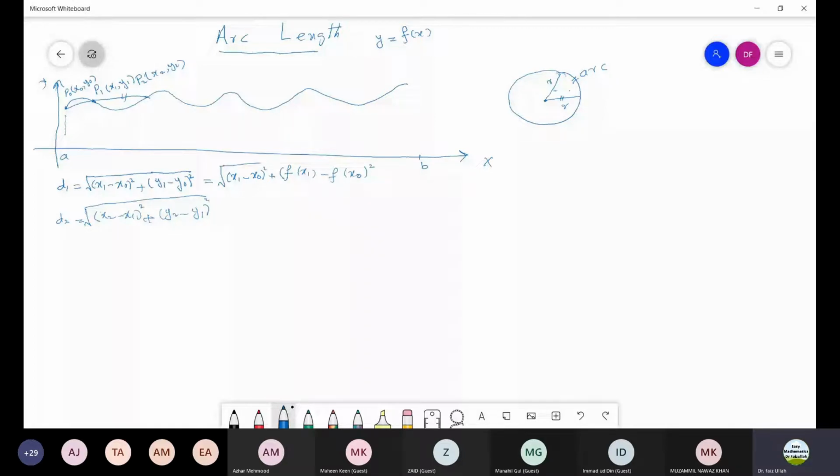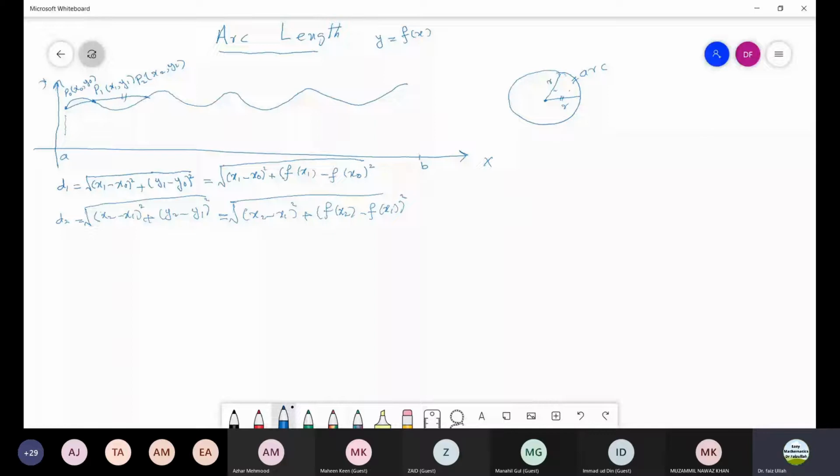Similarly, I can write this formula as it is, like (x2 minus x1) whole square plus, now I'm writing, instead of y2 I'm writing f of x2, and instead of y1 I'm writing f of x1, whole square under the root.